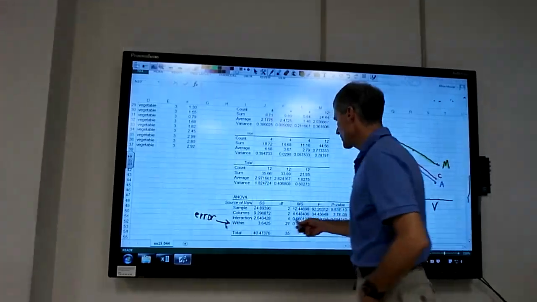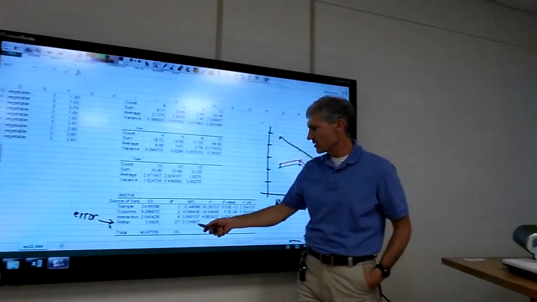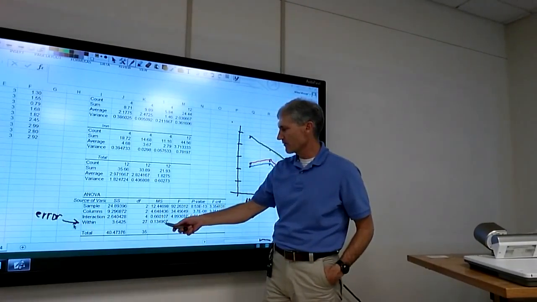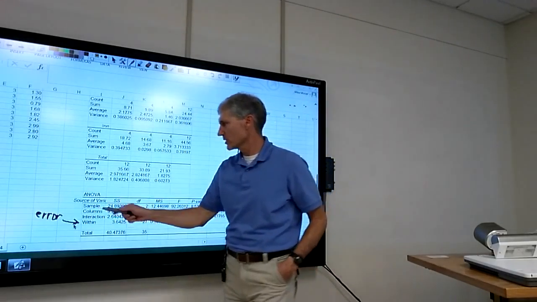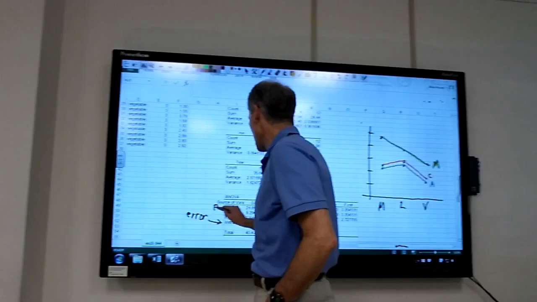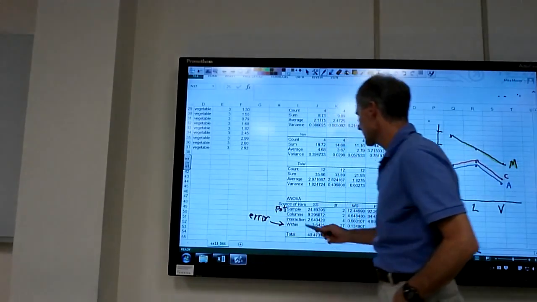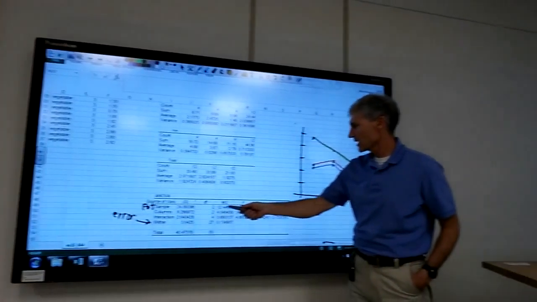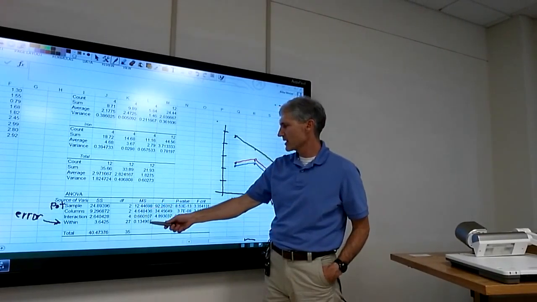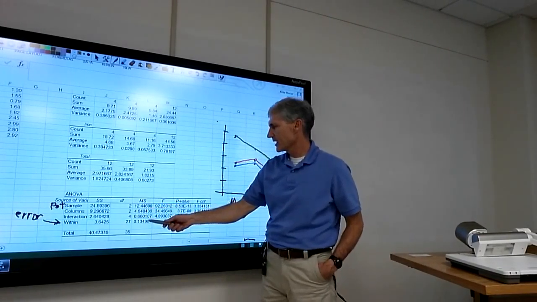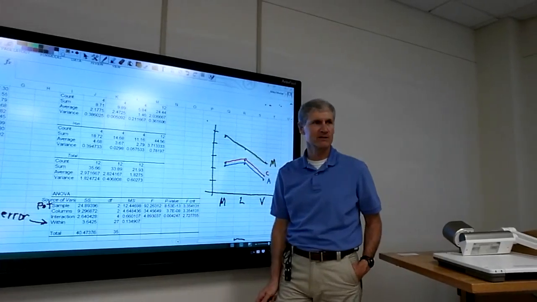And it's pretty small. When you do mean square, you divide by degrees of freedom, and you get 0.13 mean squared error. And for sample, which was type of pot, you get 12.44 for the mean square, divide by the mean squared error, and you get 92.26.